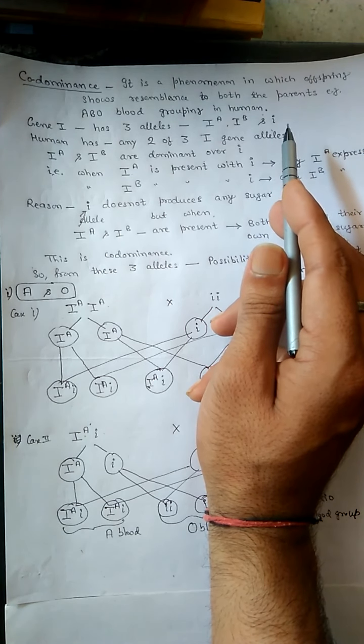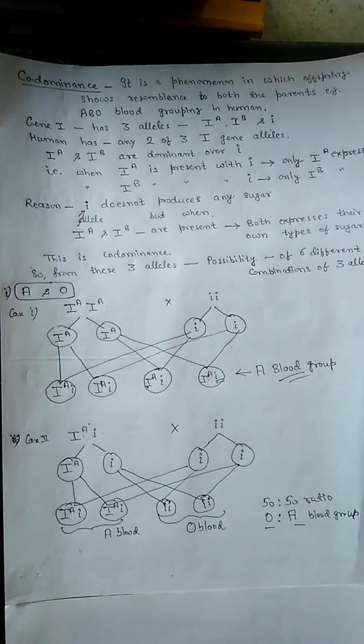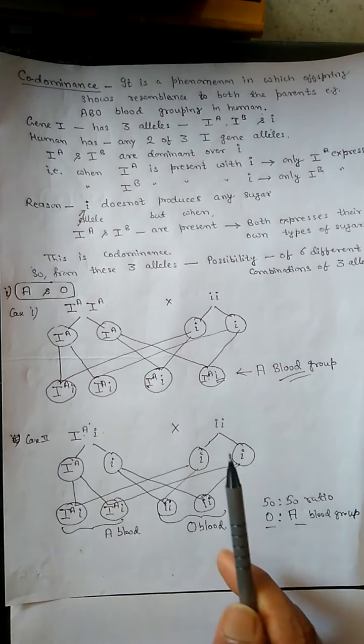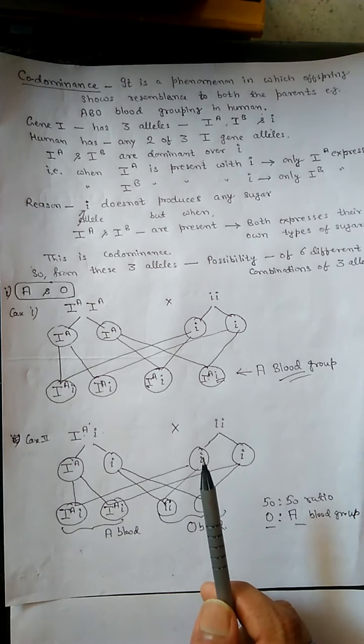Multiple alleles can easily be found when population studies are done. You have to be clear what multiple alleles are: if more than two alternative forms or alleles of a gene occupy the same locus on the chromosome in a population, then it is said to be a multiple allele.